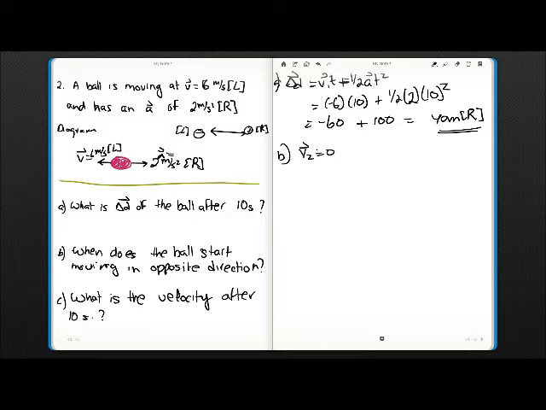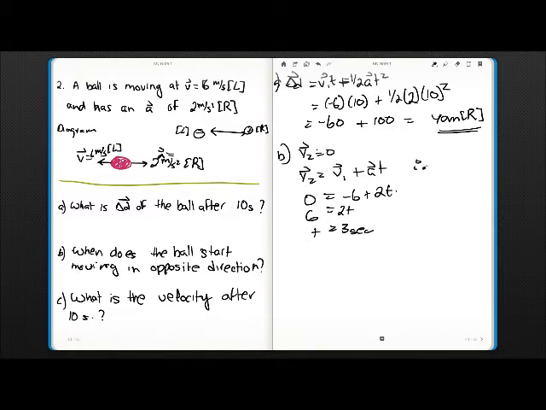This is like a turning point for the velocity, so we just have to solve for when v2 is 0. We use the velocity equation, which we used in the previous question as well. With v2 equals 0, the velocity is minus 6 plus 2t, and we solve for t. Basic algebra gives time equals 3 seconds.